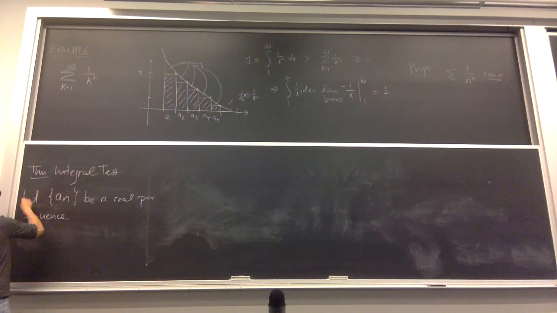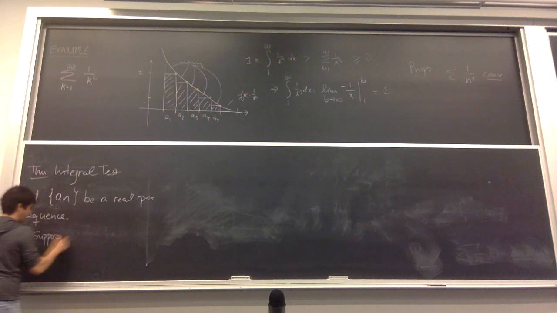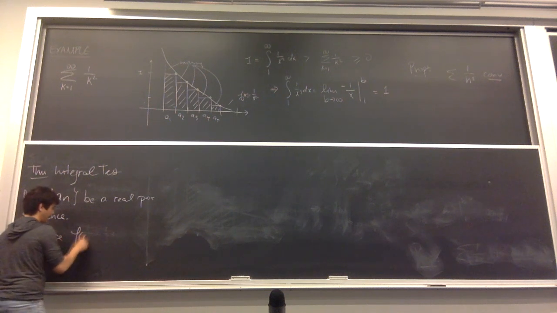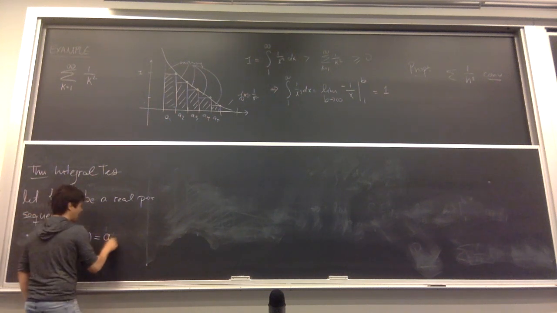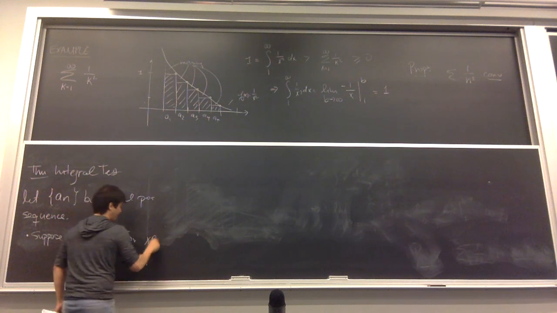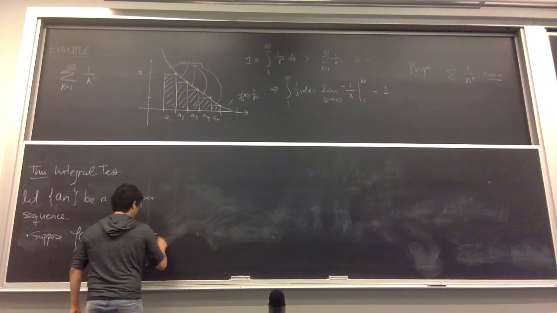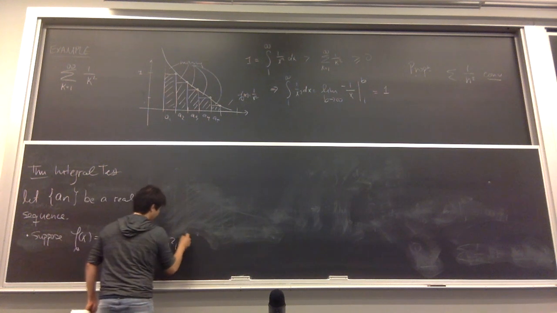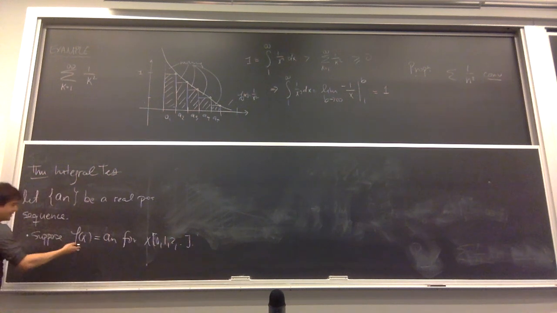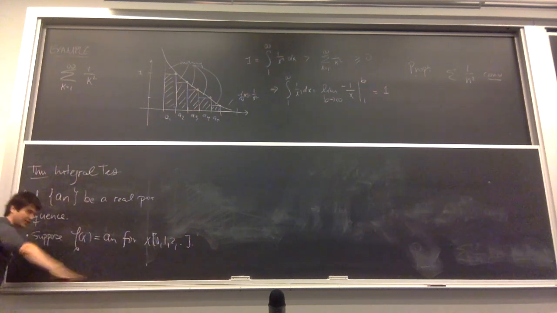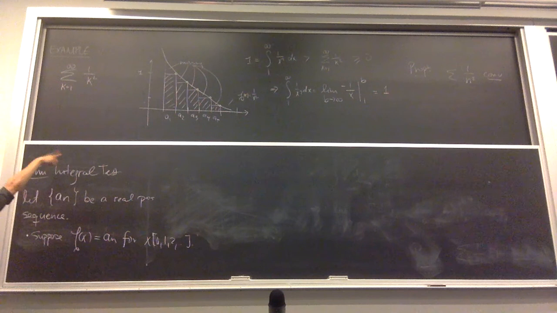And suppose we have a function f of x which is equal to a_n for x equals 0, 1, 2, and so on. Basically the function itself just passes through all of the points as I drew them up there.